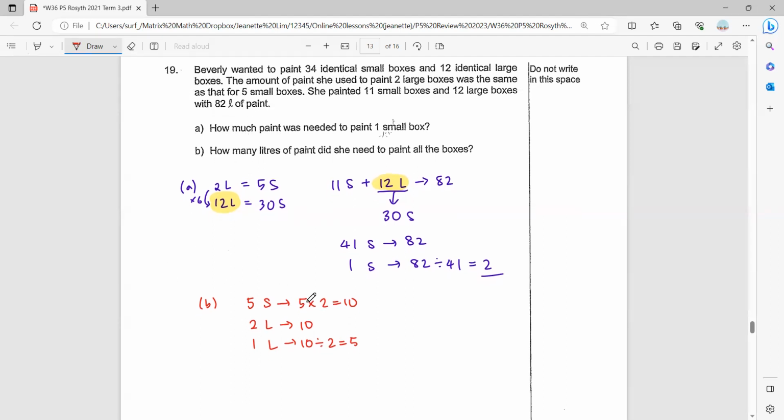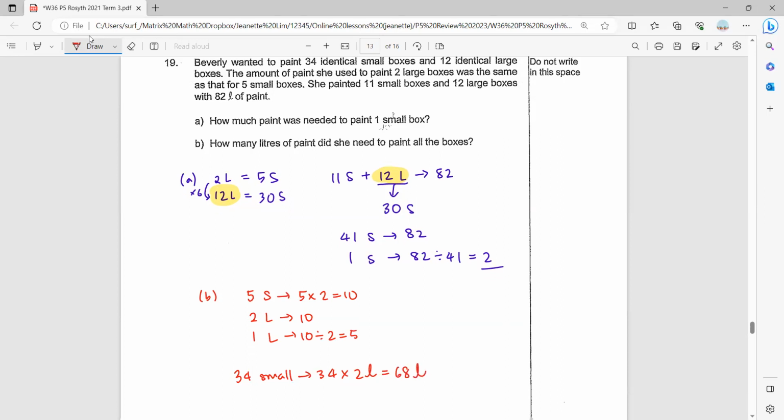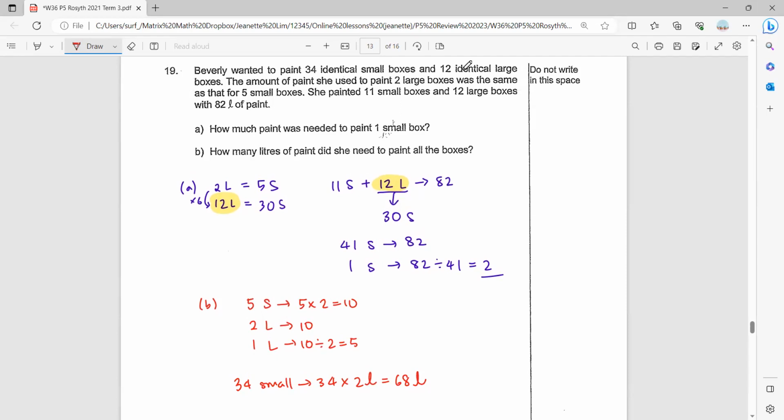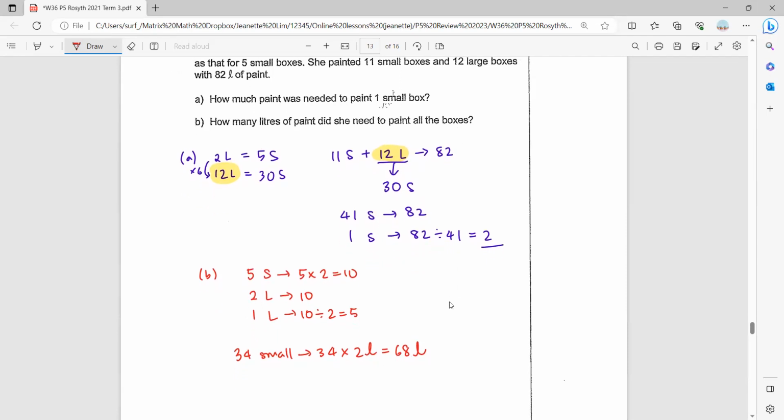Then next, find 34 small. Okay, 34 small. 34 times 2 liters. Then 12 large. Okay, 12 large. Every large is 5 liters, so 12 times 5 liters. 60 liters.